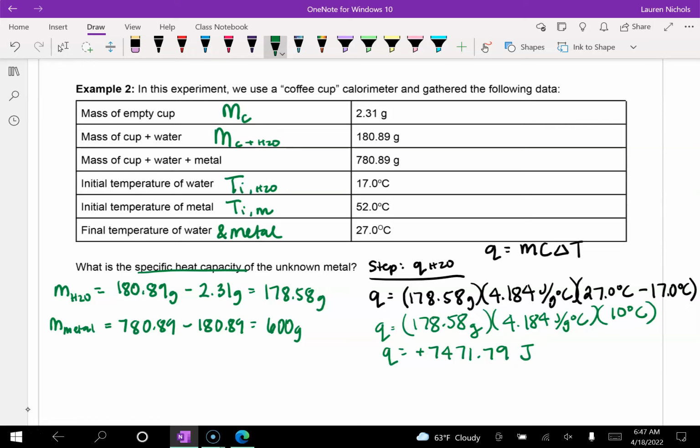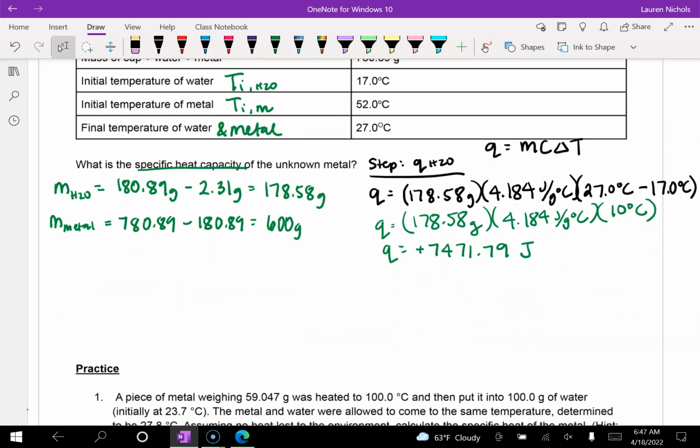So we have this many joules of energy that has been absorbed. And so this tells us that Q of the metal must be the opposite. It must be a negative 7,471.79 joules, because if the water absorbed heat, it had to come from somewhere, and it in fact came from our metal.